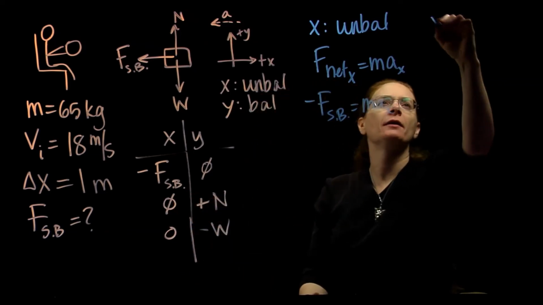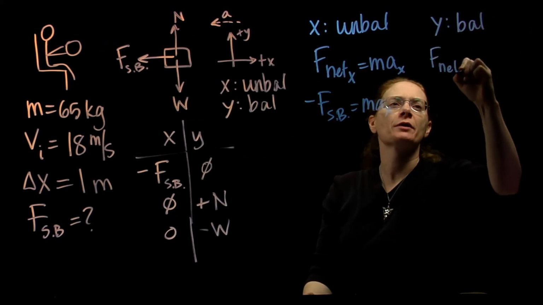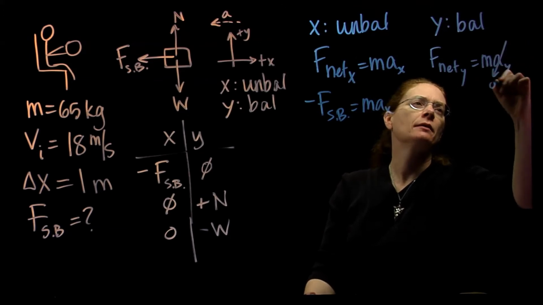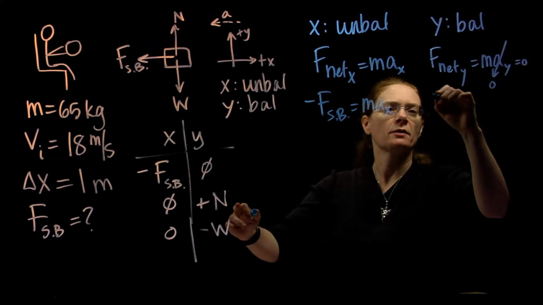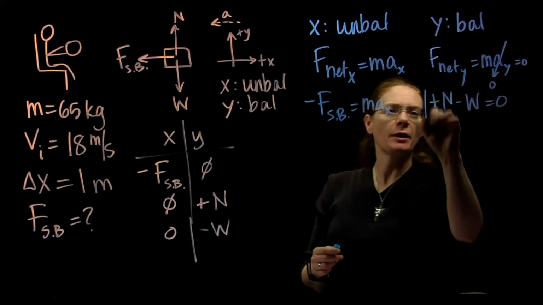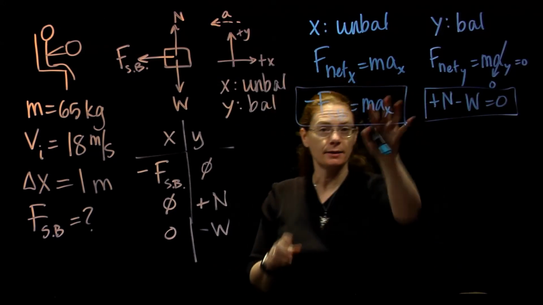Y direction, I said it was balanced. There's no acceleration, so the net force in the Y direction equals m a_y. That's 0. So this is going to add up to 0. Positive normal, negative weight equals 0. There's my two equations, and this is again the key to solving these force problems, is getting to this point.